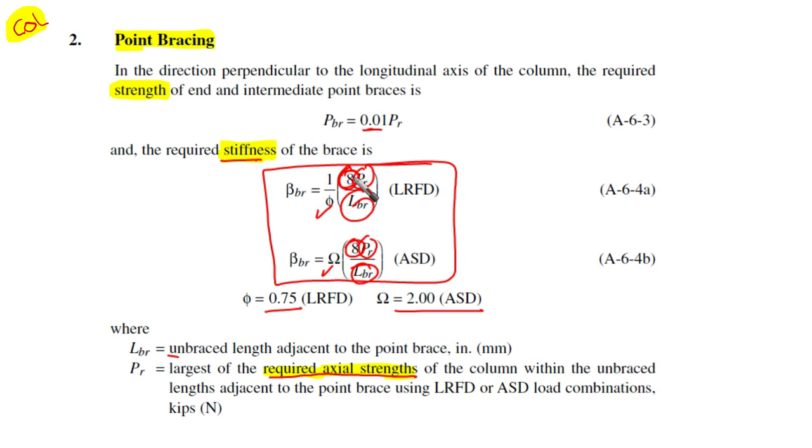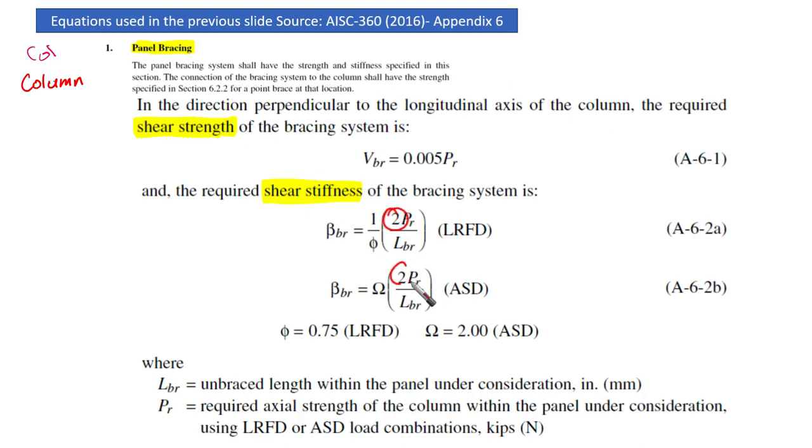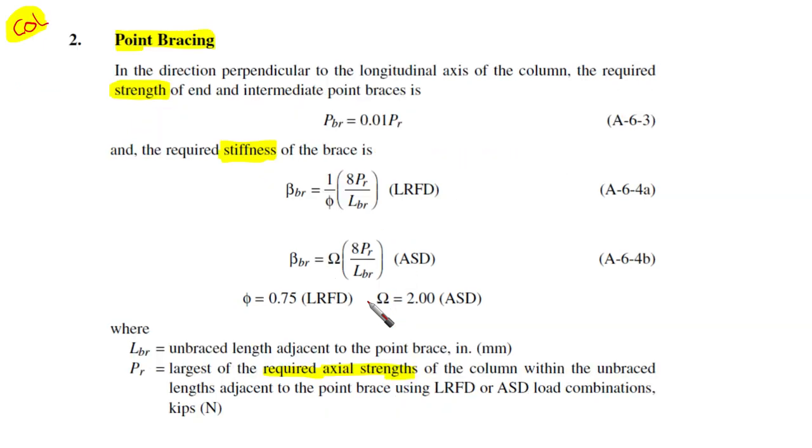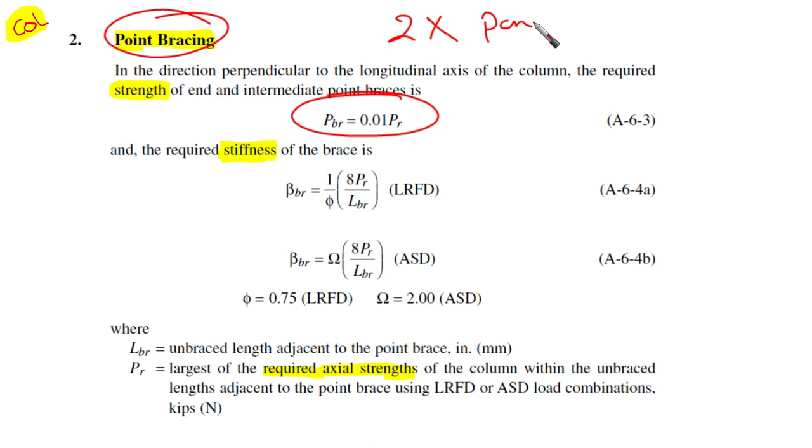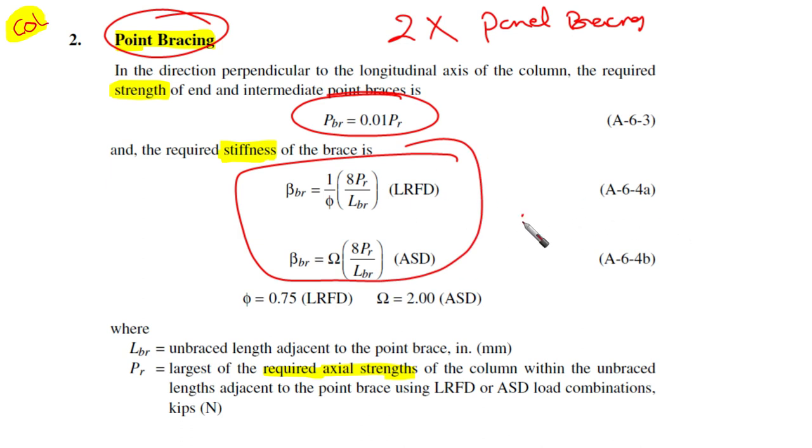Sorry, 8. Before here, it was 2. That means that we are multiplying it by 4, right? So in point bracing, we multiply the required strength by 2, so it equals 2 times the panel bracing requirement, and here we found that it equals 4 times the panel bracing requirement.